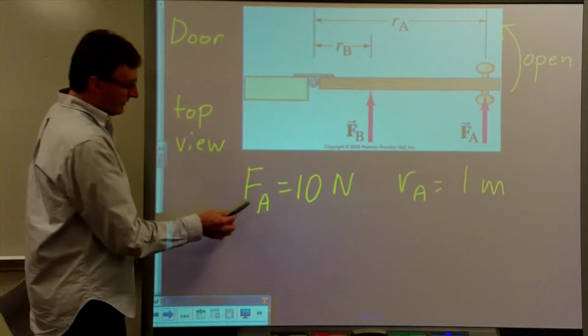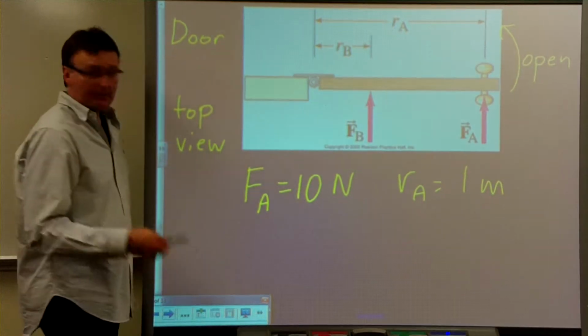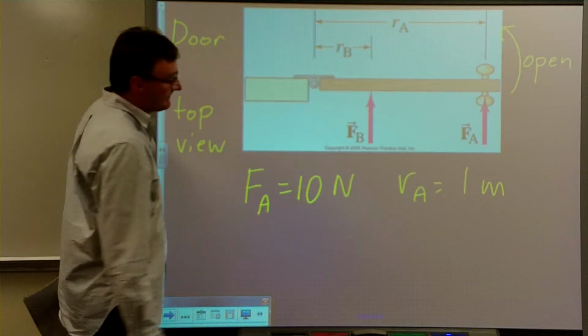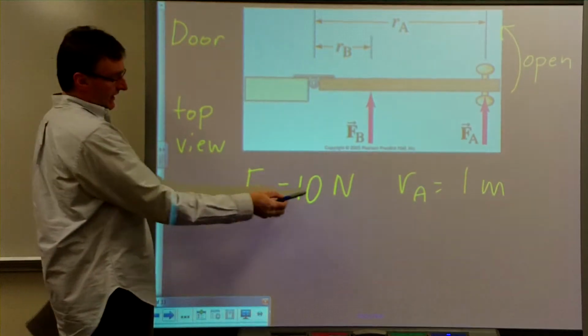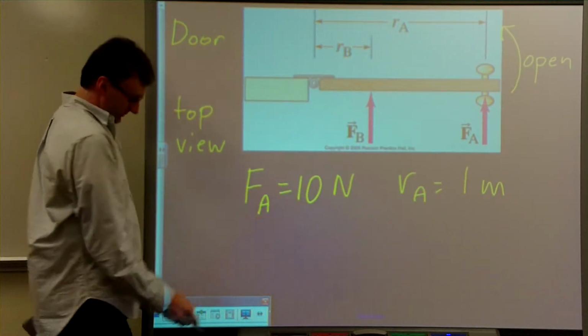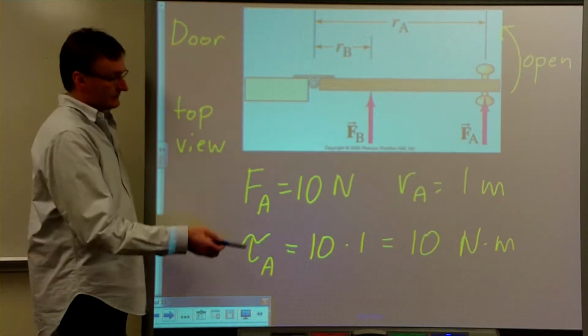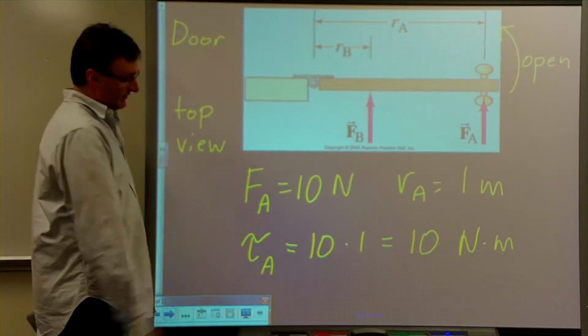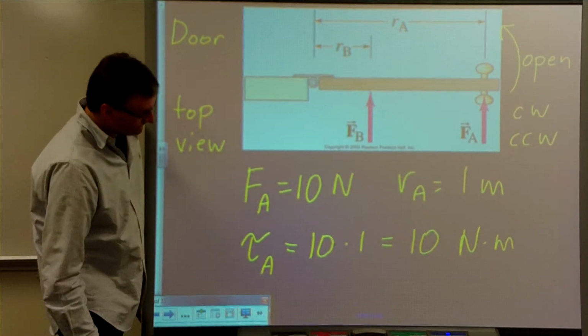If we look at the torque that's produced from force A over here, and we put some numbers on there, let's say this distance is 1 meter, and force A is 10 newtons. Then the torque that it produces would simply be 10 times 1, which is 10 newton meters. So that's the units that we use for torque.